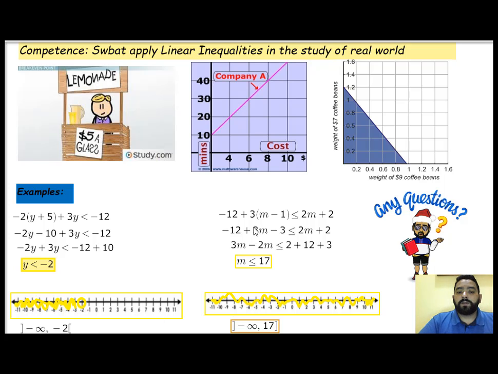Now in the second one we have -12 plus 3 multiplied by m minus 1, less than or equal to 2m plus 2. Then we have 3 times m, which is 3m, and 3 times -1, which is -3, less than 2m plus 2. Then we need to arrange variables and constants: we have 3m, and this is positive 2m, so we move it as -2m.